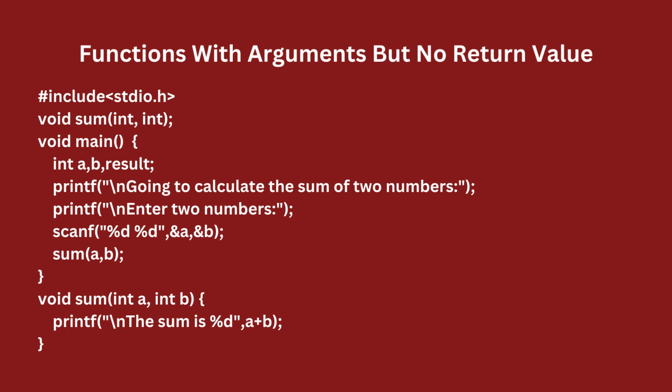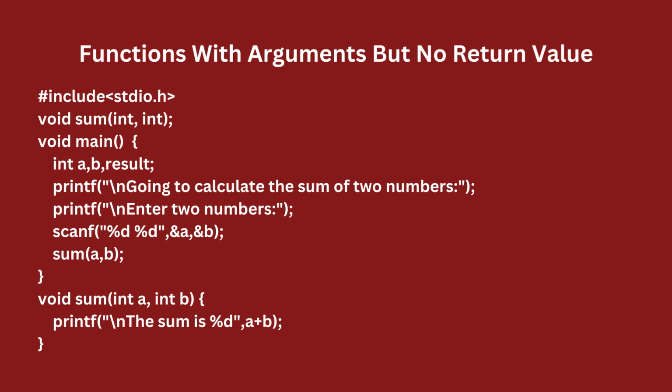Simple two print statements for the user's convenience. Then the user will enter the values in A and B with the scanf function, and we will call the function sum from here. It will pass the control to the sum and copy the value of A into the A variable, and the B value into the B variable.